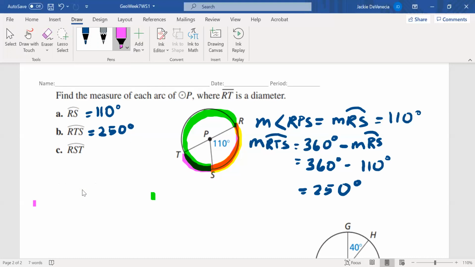So let's look at this carefully. We just have to remember that a semicircle is half of a circle. So let me just write that down.